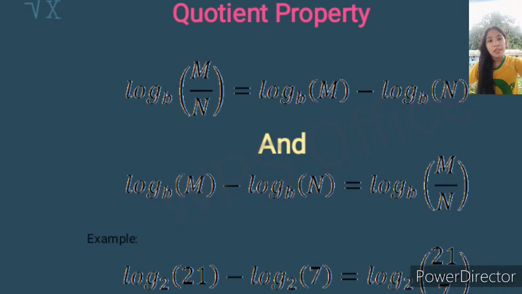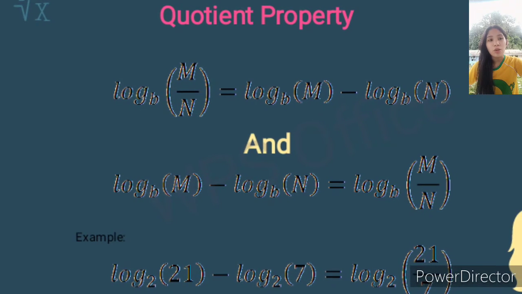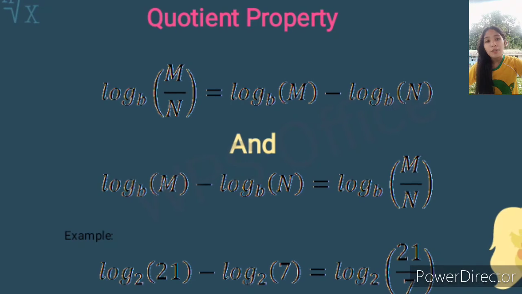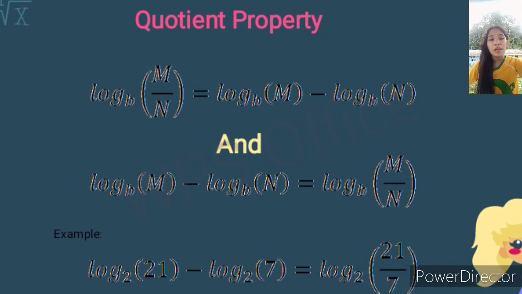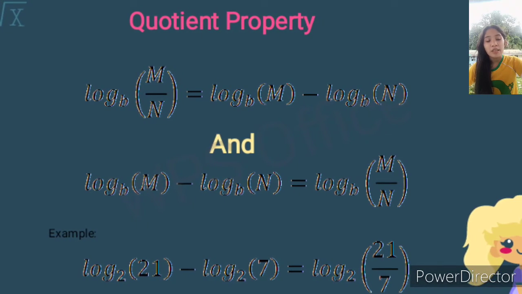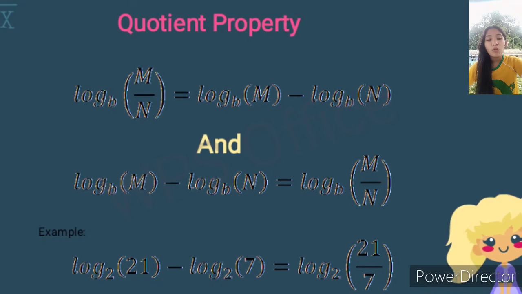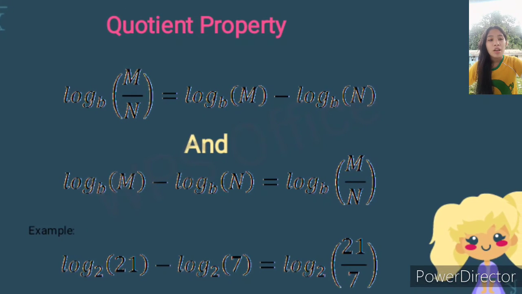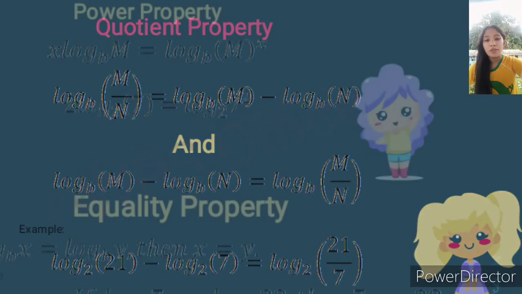The quotient property: log_b of m over n equals log_b m minus log_b n, and log_b m minus log_b n equals log_b of m over n. Example: log base 2 of 21 minus log base 2 of 7 equals log base 2 of 21 over 7.